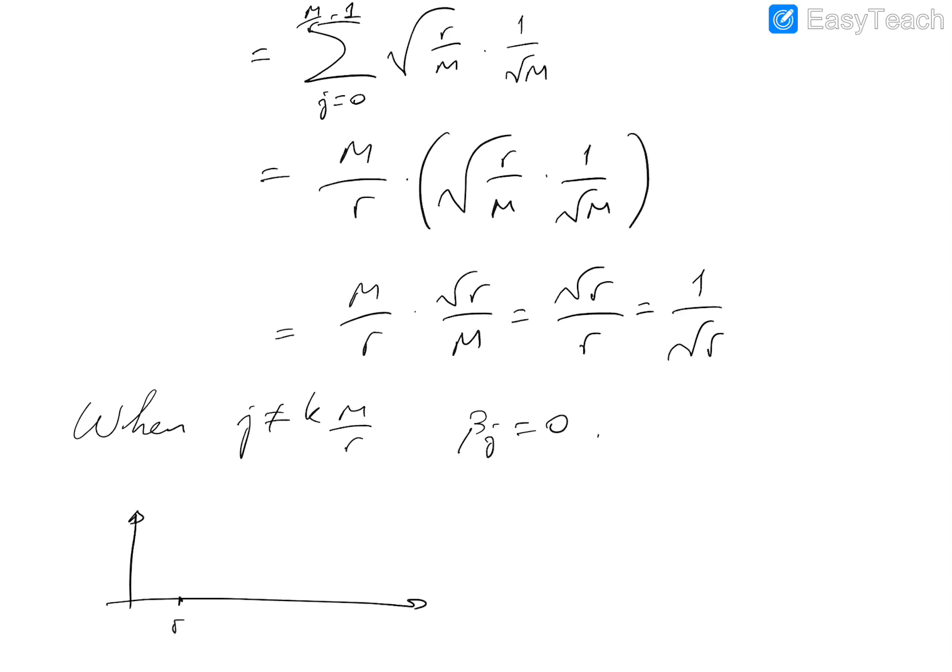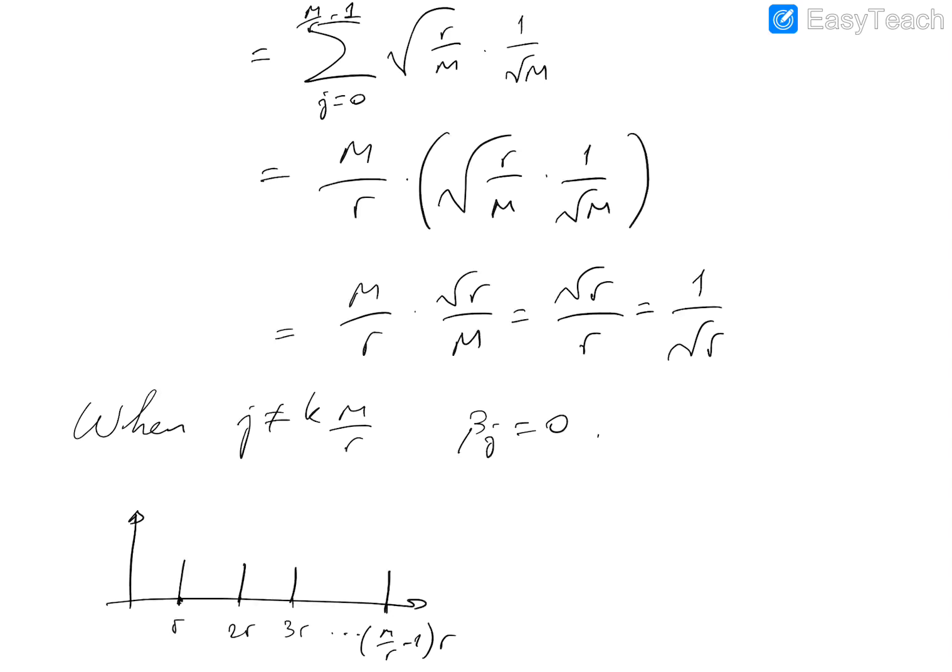So now we have r, 2r, 3r, up to m over r minus 1 times r.